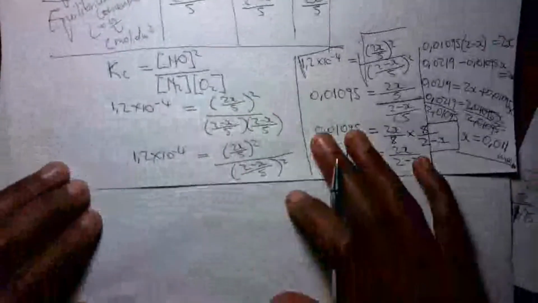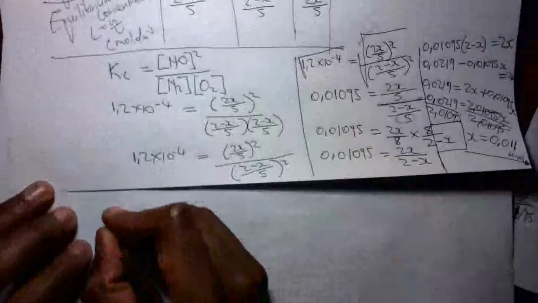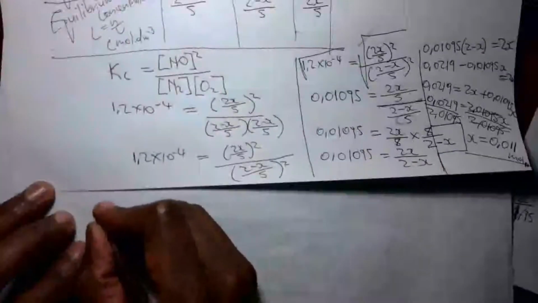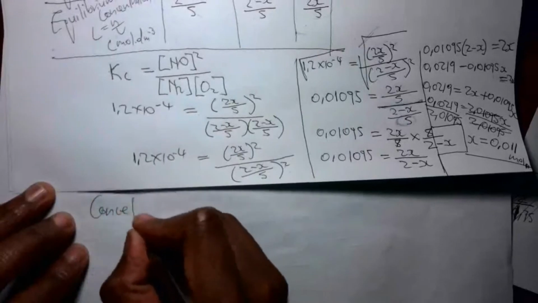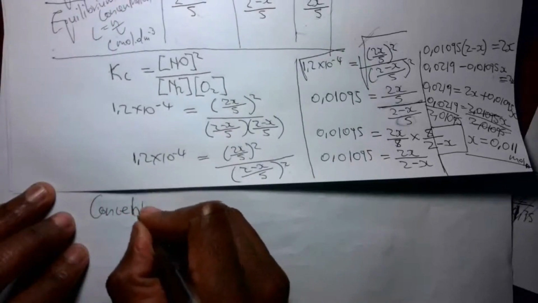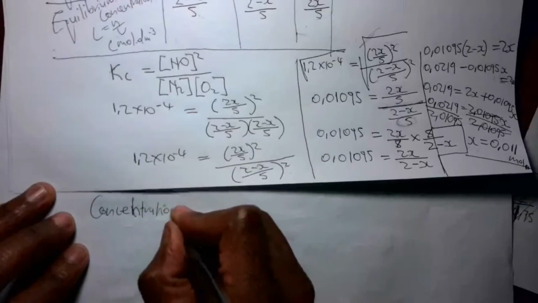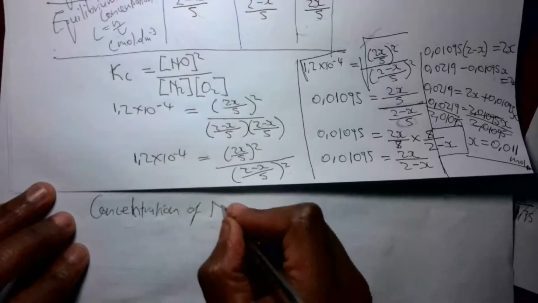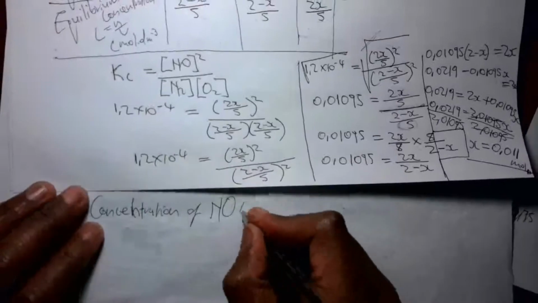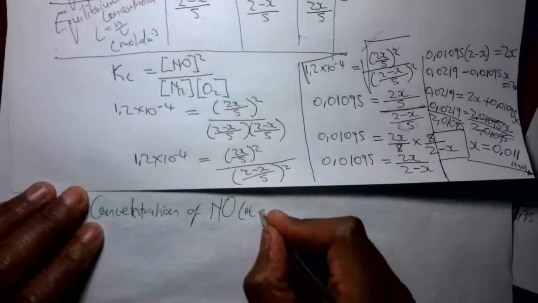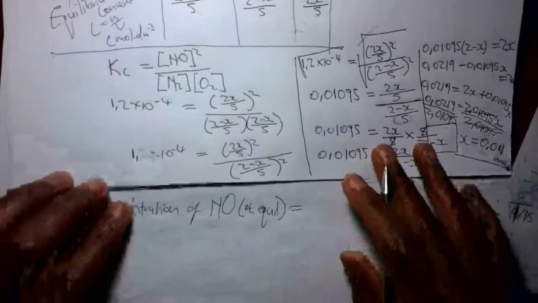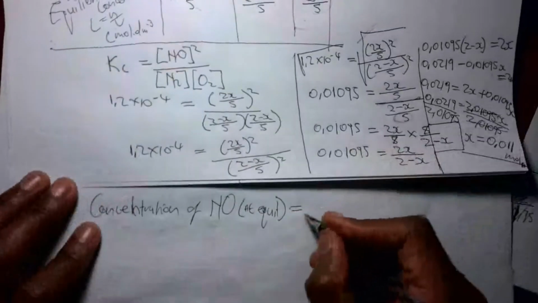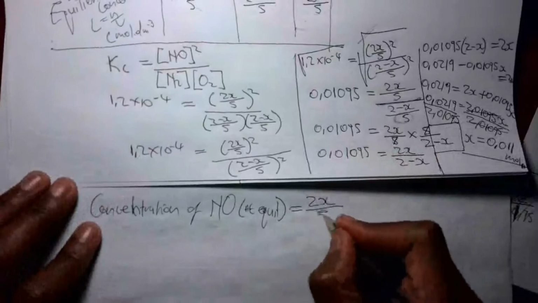Now the concentration of NO at equilibrium is equal to 2x over 5.